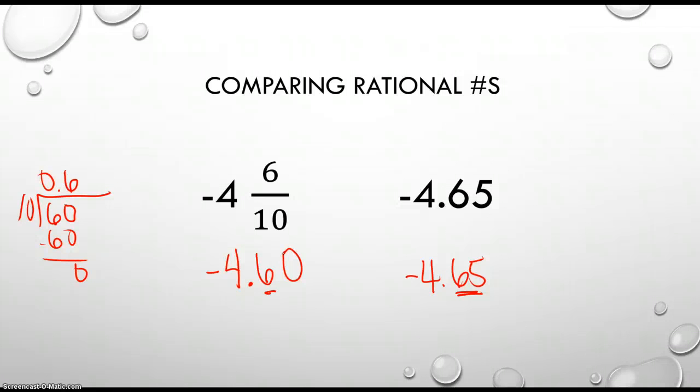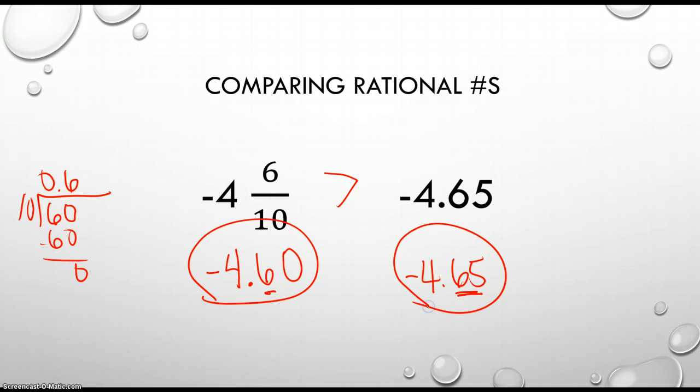Since these are negative, I want to think about if I'm going to plot these points on a number line, which number is going to be greater by being able to tell which one's closer to 0. If I were to plot these two on a number line, negative 4 and 6/10 would be greater than negative 4.65, because 60 hundredths and 65 hundredths, since this number here is less than this number here, it's a greater number because we're looking at negatives.